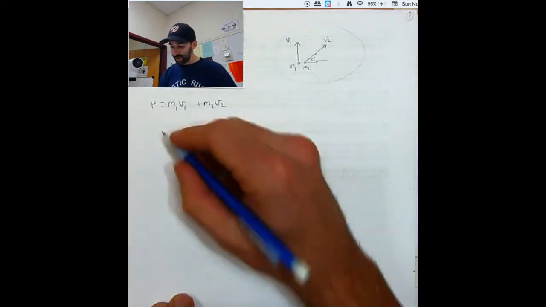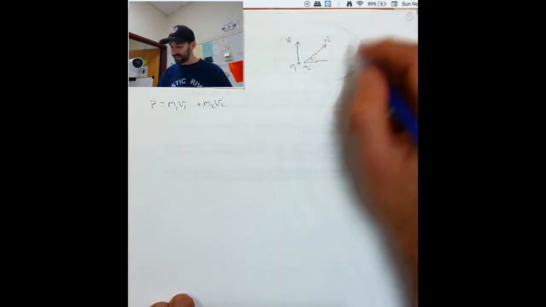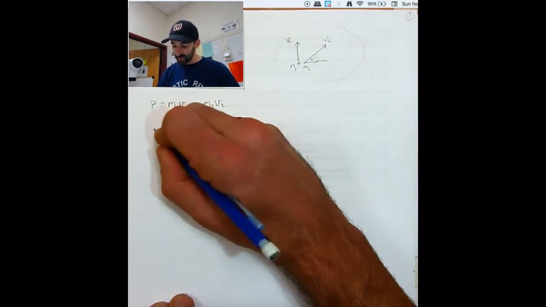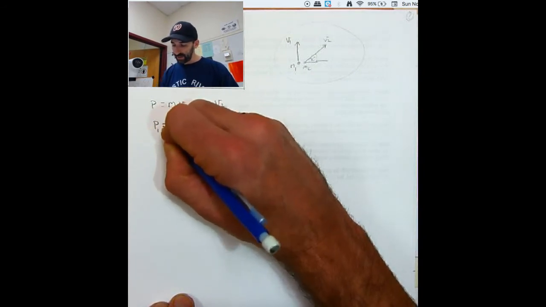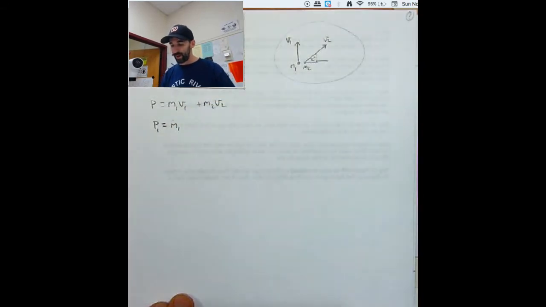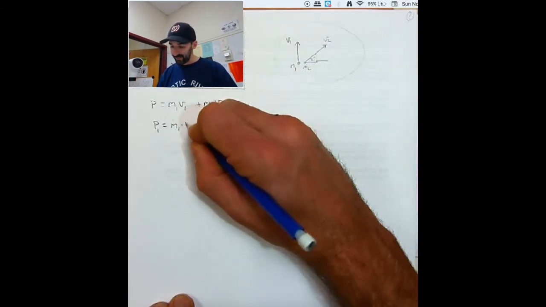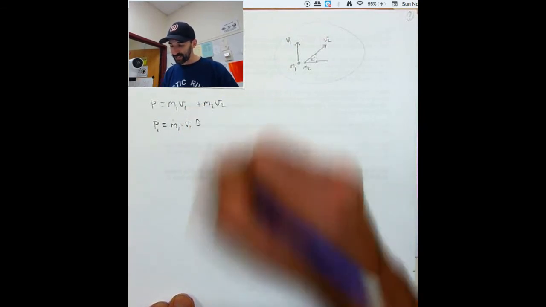So mass 1 is easy because that's just going due north, and as we know, due north should be the J hat direction. So the momentum of object 1 is equal to, I'll just keep it in terms of variables, M1 times V1 in the J hat direction.